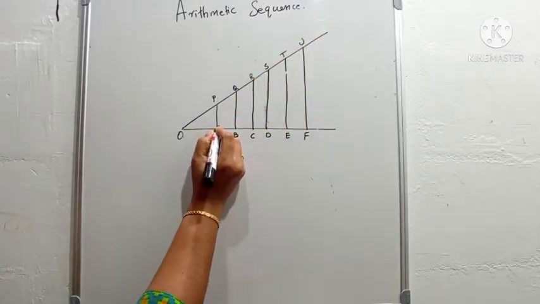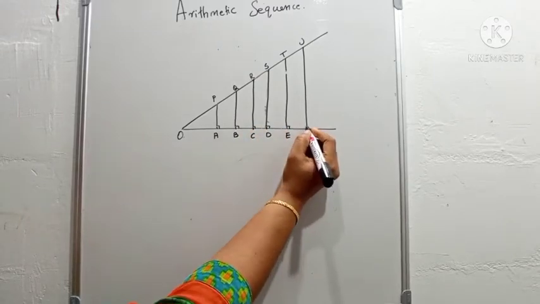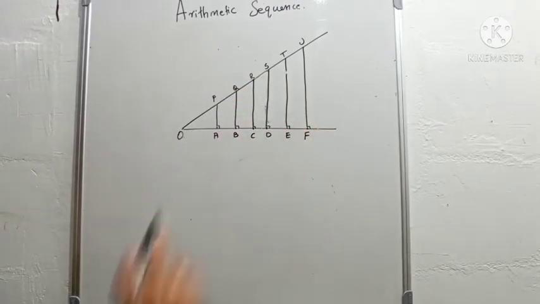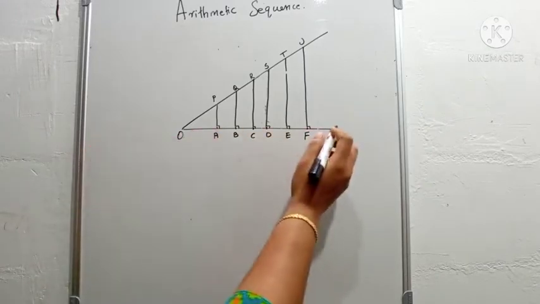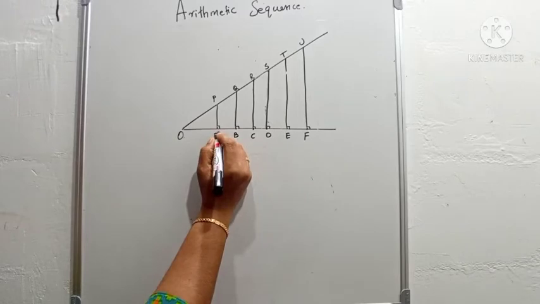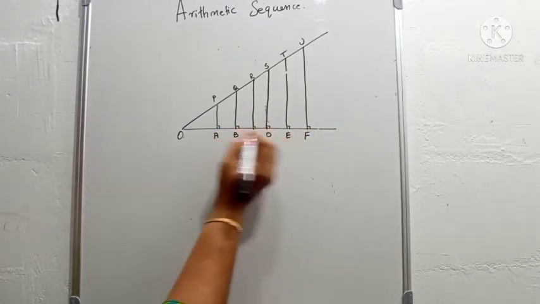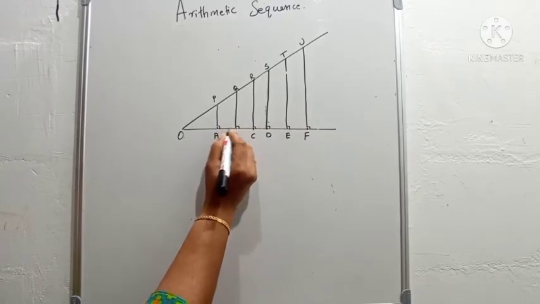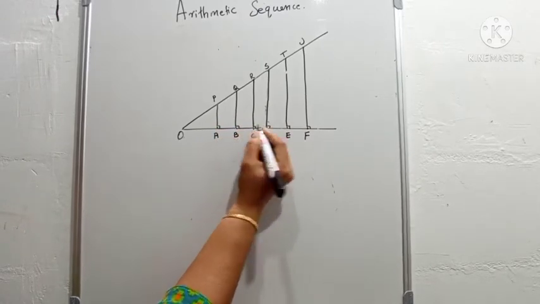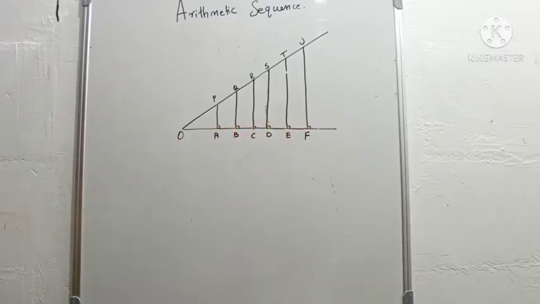These are perpendicular lines drawn from the slanted line to the horizontal line. Okay, and these are equally spaced. That means this distance, this distance, this distance, all these distances are equal.